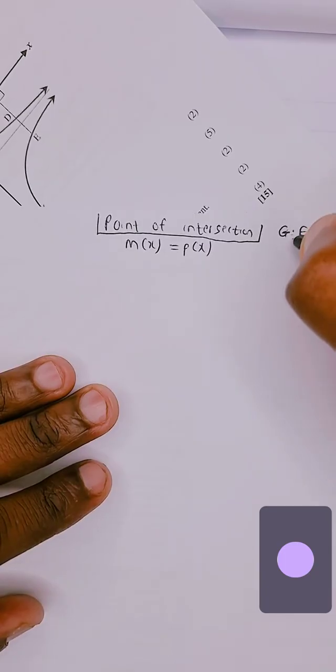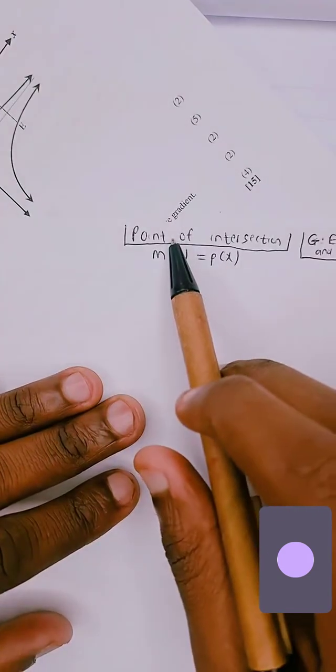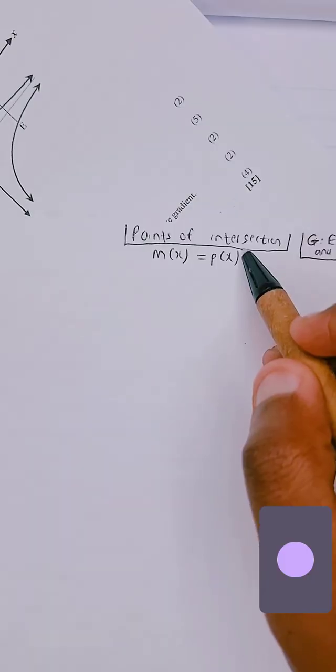I said G and E are what we call the points of intersection.